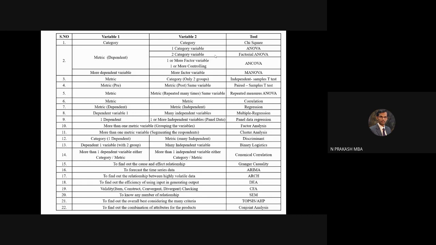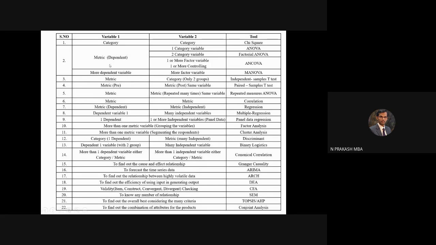In another case, we have a numerical or metric variable on one side and a categorical variable on the other side. For example, on one side we have a Likert scale value that we call a metric value, where the respondents give a value between 1 to 5.